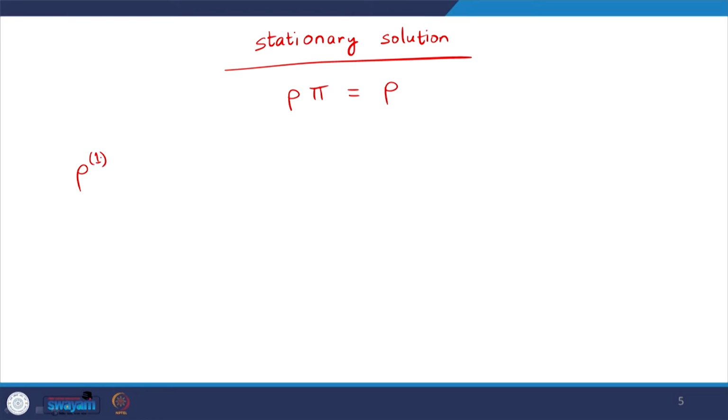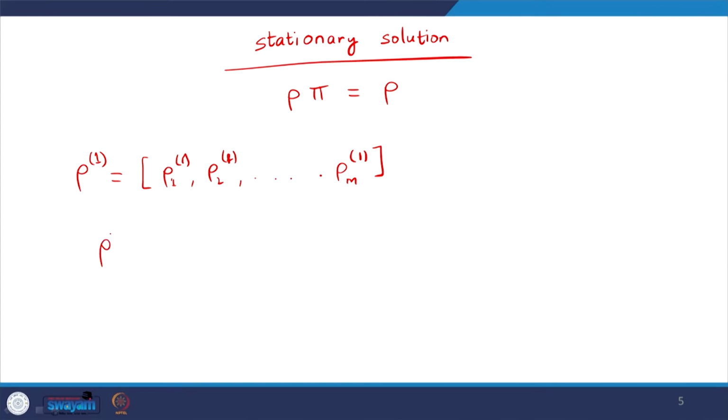If I start from there, I have some value of the probability density for all the states that I am considering, and this is some sort of an initial distribution of the system among various states, and many of the probabilities can even be 0 if there is no system in that particular state.